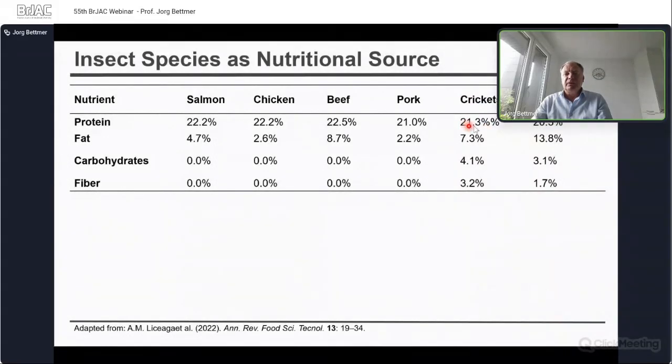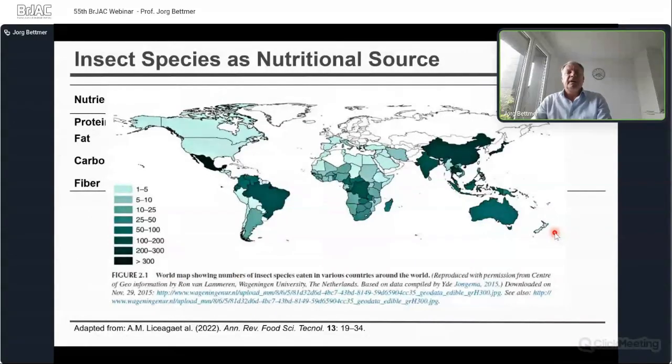You see that they also contain a very high protein content, very comparable to the other examples. Sometimes the fat is high, but the percentage of unsaturated fatty acids might be very, very high. They provide some carbohydrates, and, which might not be so unimportant, a relatively high concentration of fiber.